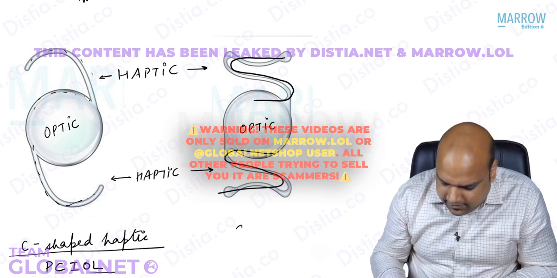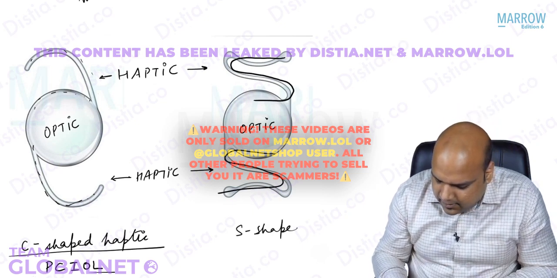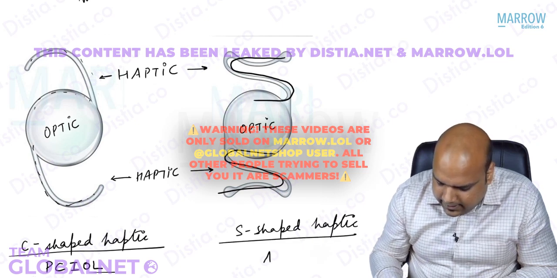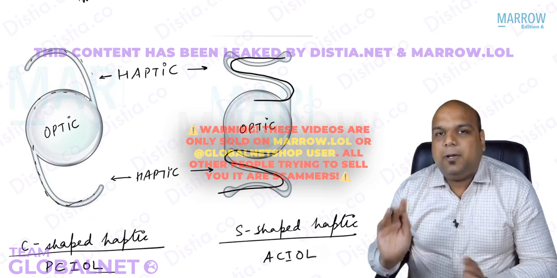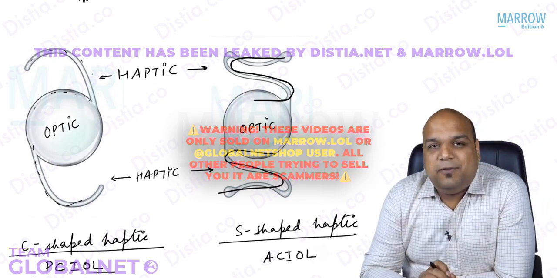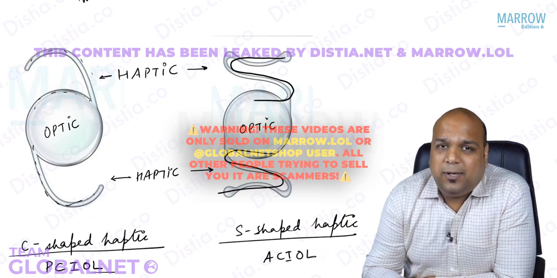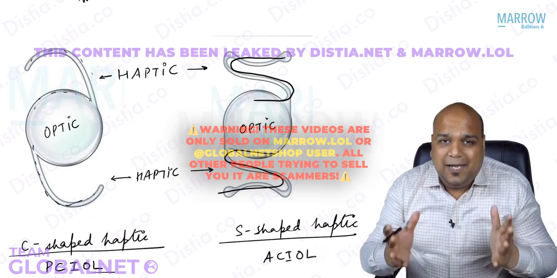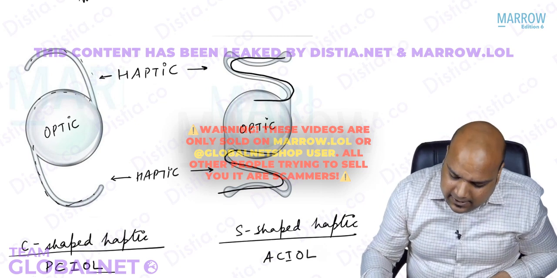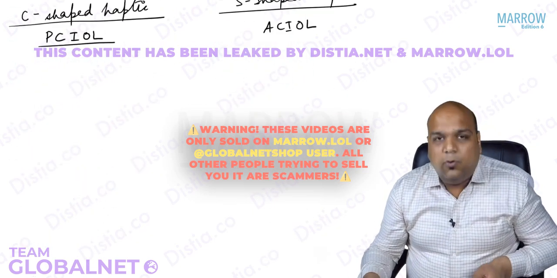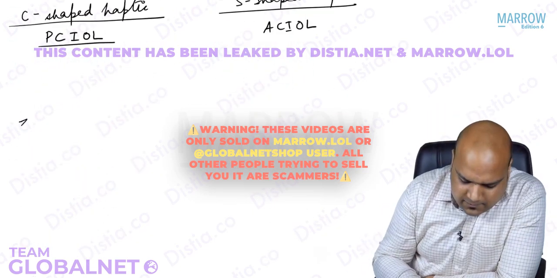Yes. If we have an S-shaped haptic, that means we are looking at an ACIOL. Okay. So to be able to differentiate between the two IOLs, the only feature is to look at the shape of the haptics. Okay. That's all about the basic IOL design. But apart from the basic IOL design, everybody, we need to know some special IOLs also.